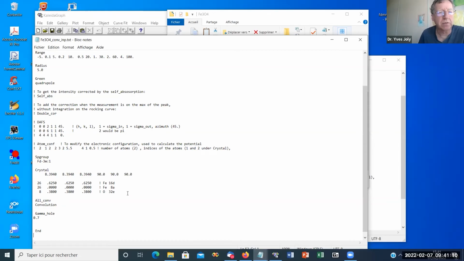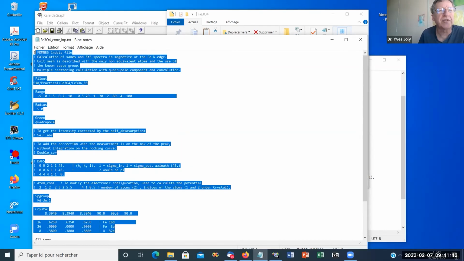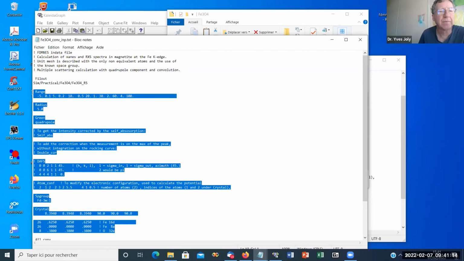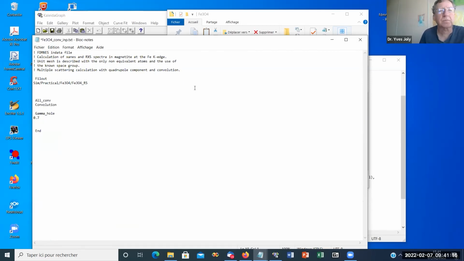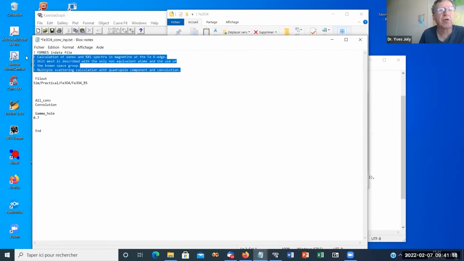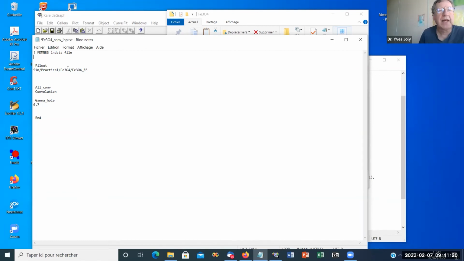So now, because it's only the convolution, I don't need all that. That's only comment. And here, in fact, to call for the non-convoluted file, I write the keyword calculation, and below the name, for example, this one. So if I do that, it's very fast, in fact.